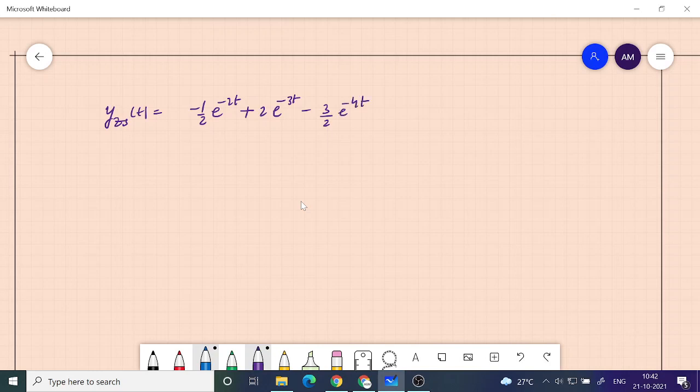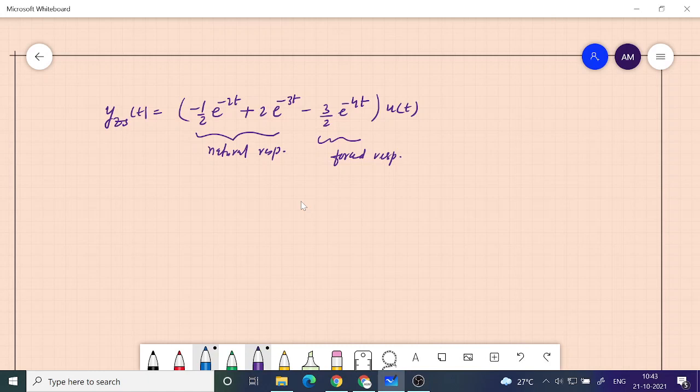So this is what we found out. So these two, if you are asking about it, that is basically the effect of the natural response. So this is the natural response. Okay, so this is the forced response.